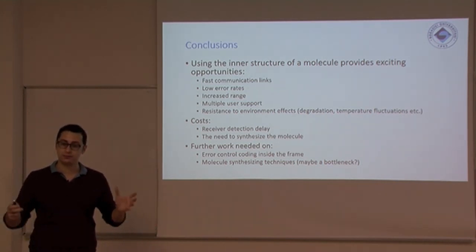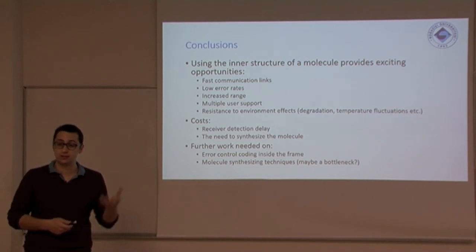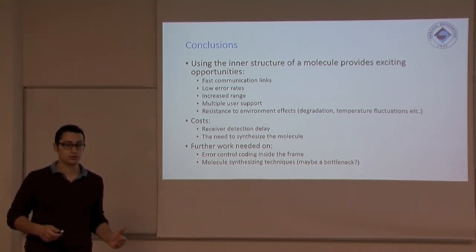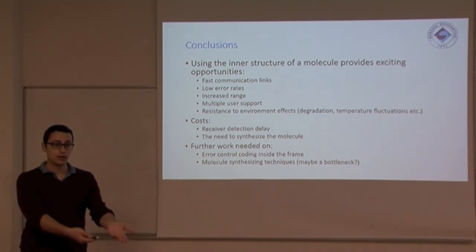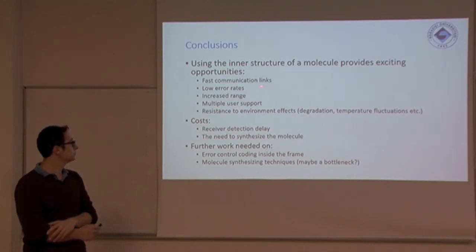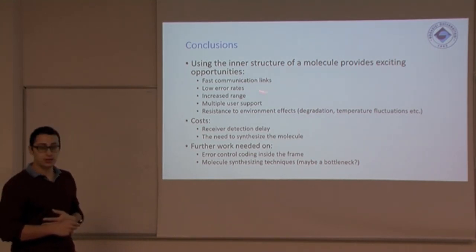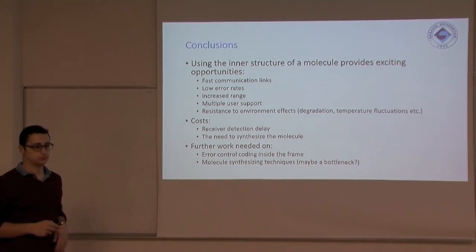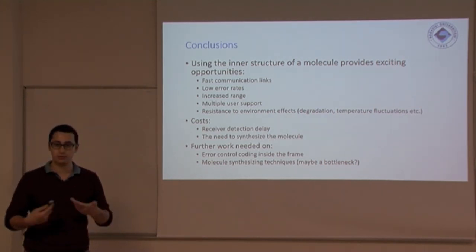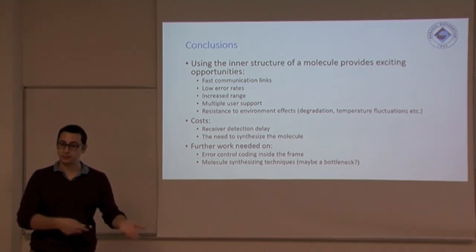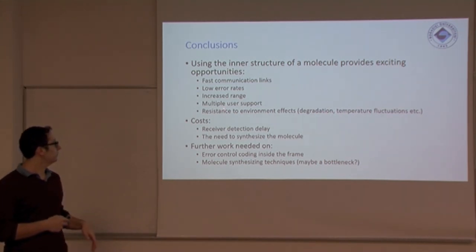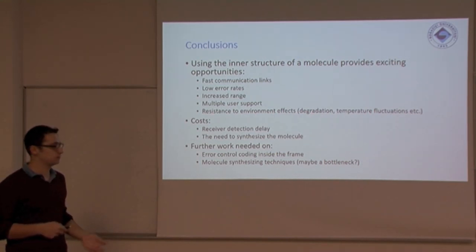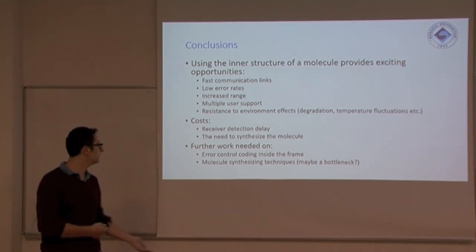But by encoding more information in a single molecule, we can circumvent that problem a little and achieve higher data rates. Low error rates at these high data rates, which is very nice. Increased range, given that we're able to transmit more molecules. Multiple user support, and resistance to environment effects like degradation and temperature fluctuation, and so on.